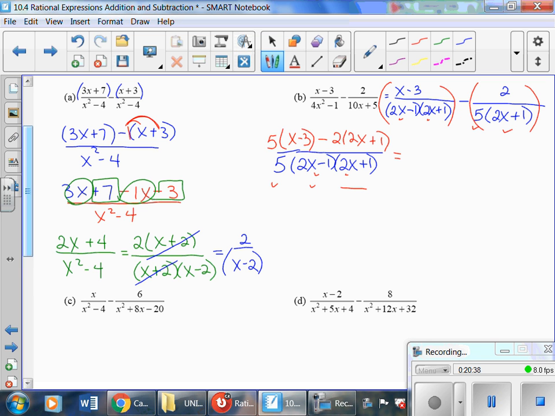And now we're simply going to simplify it. Multiply out the numerator by distributing. So we get 5x minus 15. Now this is where things get a little tricky. Remember, it's negative 2 times 2x, which is negative 4x, and it's negative 2 times a positive 1, which is a negative 2, all over our common denominator.